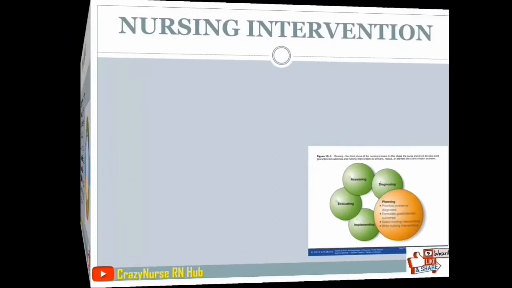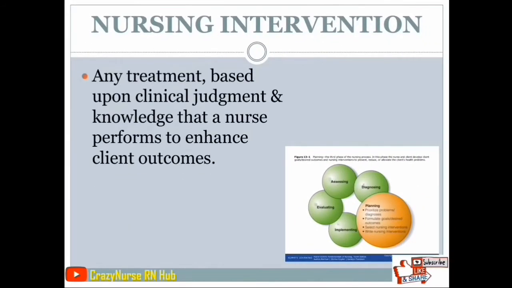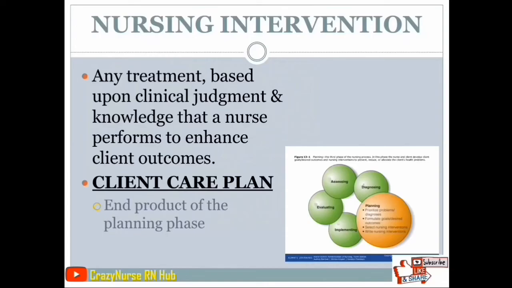A nursing intervention is any treatment based upon clinical judgment and knowledge that a nurse performs to enhance patient or client outcome. And the end product of the planning phase is a client care plan.